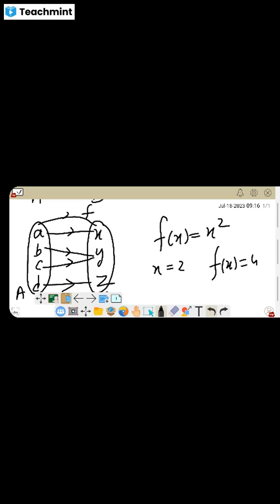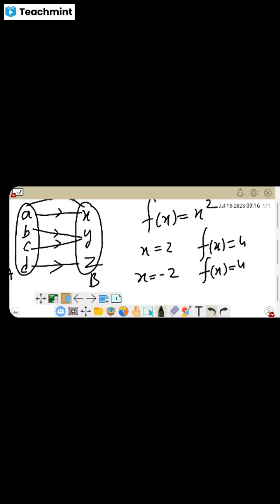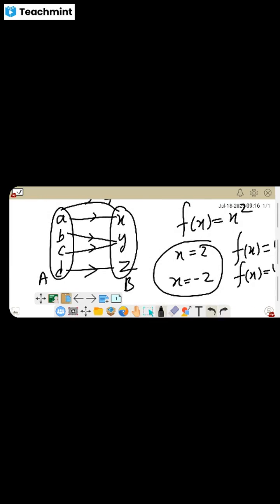If we have x is equal to minus 2, still we have 4, because the square of 2 and minus 2 is the same, 4. So if we have different inputs, still we can have the same output. In this situation we can say this is a function.